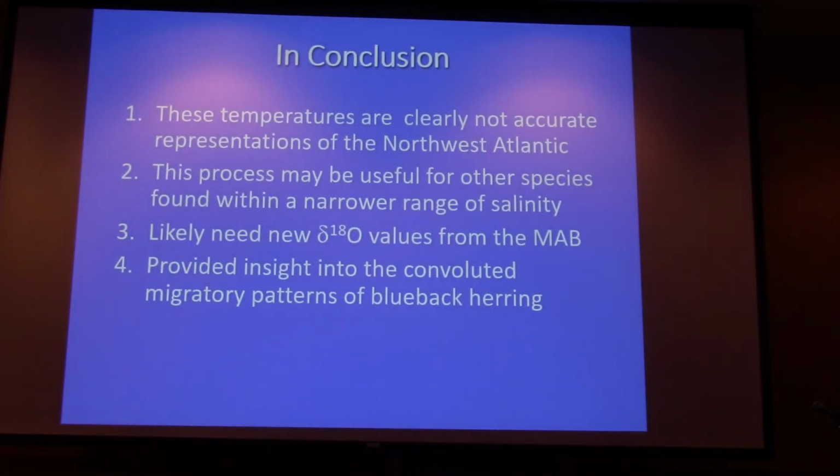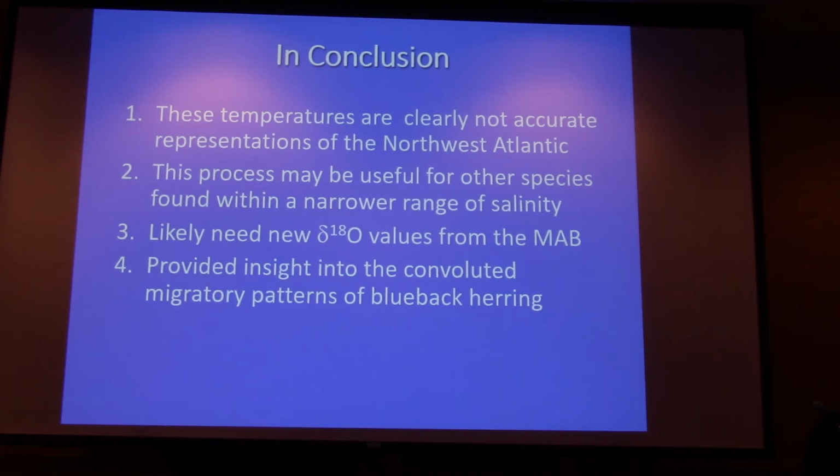So, well, it didn't really work. So what we got out of this whole exercise was that clearly those temperatures, that enormous range that is obviously not a biologically useful range of temperature for fish, is not an accurate representation of the North Atlantic, at least not of current day fish.